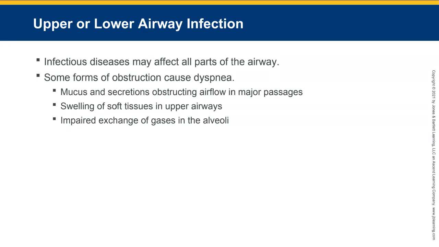So they can have mucus or secretions that obstruct the air passage, edema or swelling, constriction, and fluid in the alveoli that interferes with the exchange of gas.